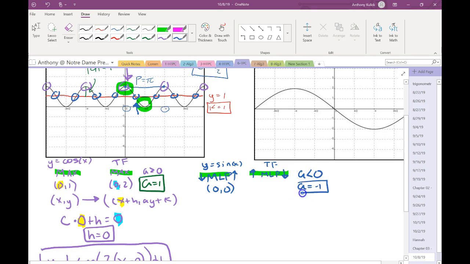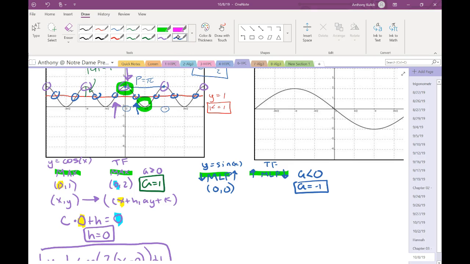So in this case, A would be negative 1. Now, I could just have easily picked a different midline point. If I picked that one instead, then my A would be positive. So it varies a little bit, but it doesn't really matter which one you pick as long as you account for the reflection that could occur there. Is everybody okay with that idea?